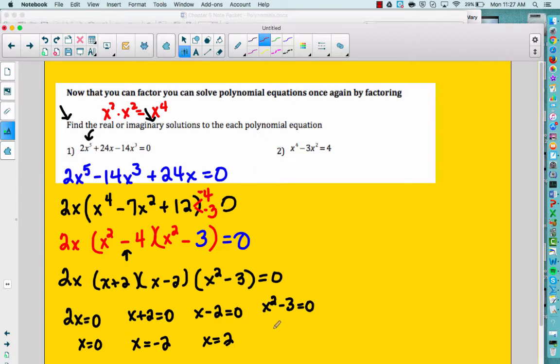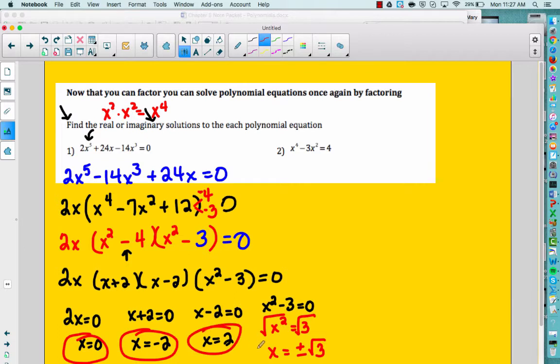It is a quadratic equation. I'm going to add the 3 to the other side, and now I'm going to use the square root method. So x equals, and when we take the square root of both sides, we don't want to forget that we have a plus or a minus answer. So we have 5 solutions to this polynomial equation.